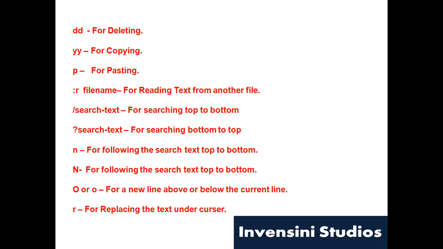Then for following the searched value, you press n to follow it in the same direction, and in the opposite direction you use capital N. Similarly, small o is for creating a new line below the current line, and capital O is for creating a new line above the current line. Similarly, R is for replacing the text at the cursor.